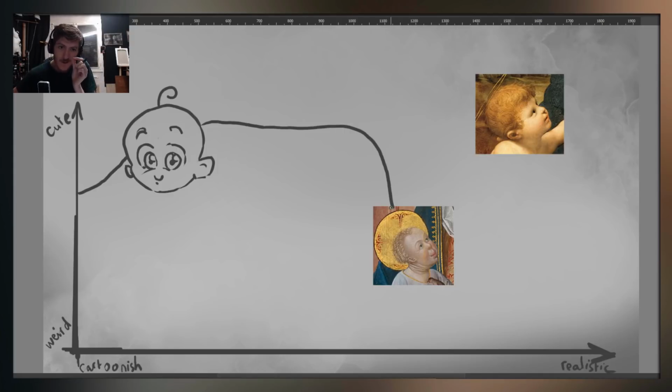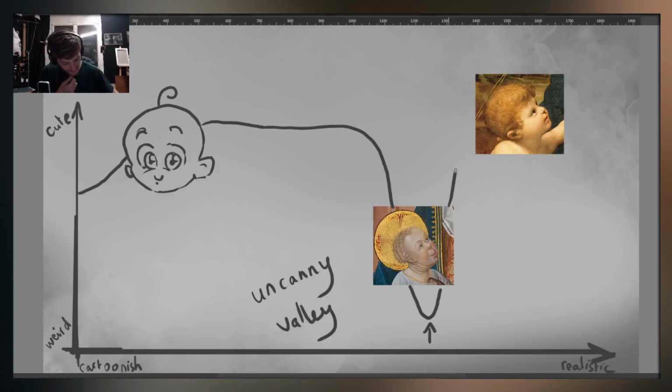Something is just missing, and boom. This is called the Uncanny Valley. And once you get more towards realism, you go back up. This is especially a problem when painting babies. It's not just about painting: if you're an engineer trying to make a baby robot, there's a good chance it will be in the Uncanny Valley because it looks sort of real, but it's not exactly how it's supposed to be, so it's creepy.